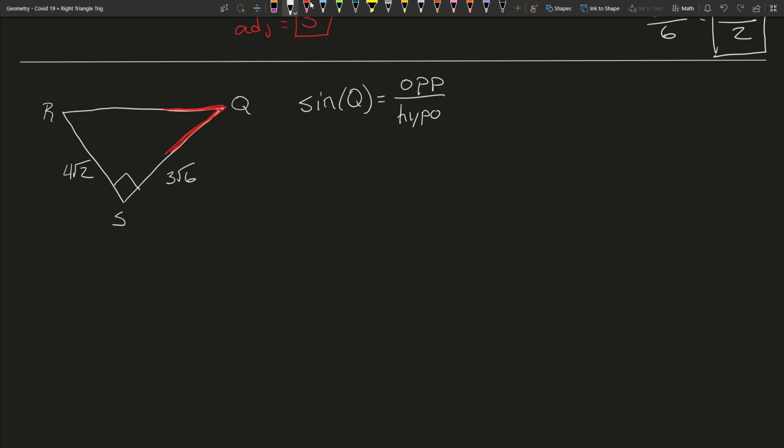But we don't know the length of the hypotenuse. We don't know the side opposite the right angle. Okay, so we need to find that. Again, we can plug that into our Pythagorean theorem.